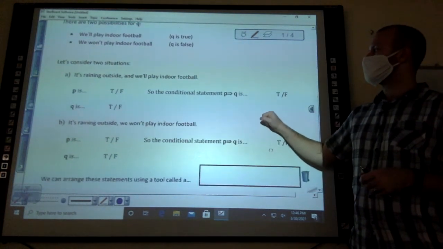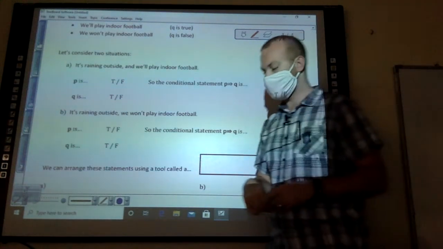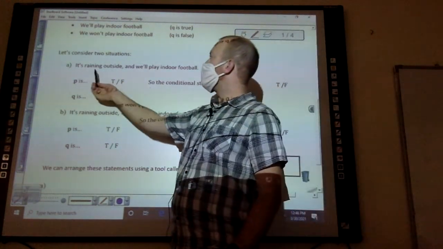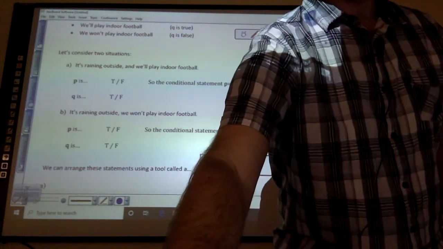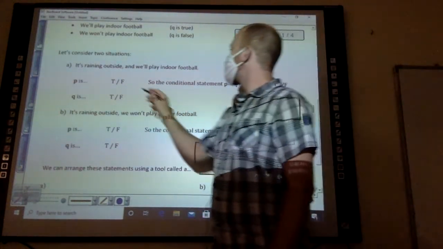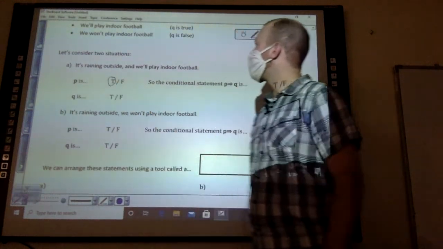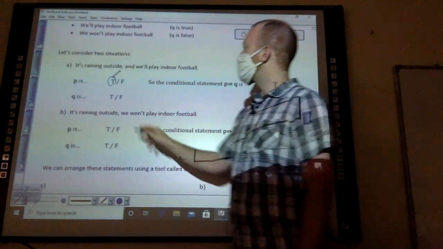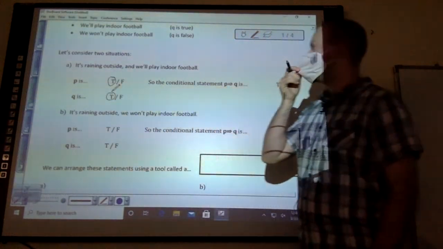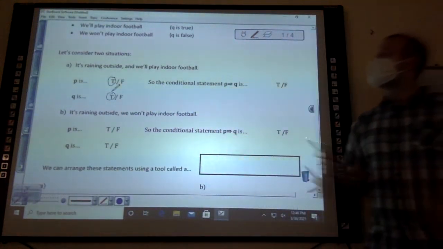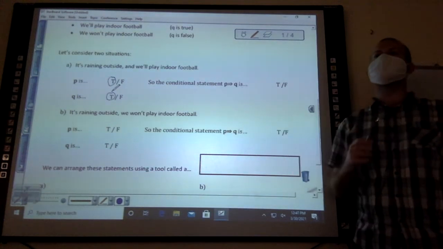So let's consider two situations. It's raining outside and we'll play indoor football. So let's suppose it's raining outside, and let's suppose we're playing indoor football. So both P and Q are true. Would this statement overall be true?